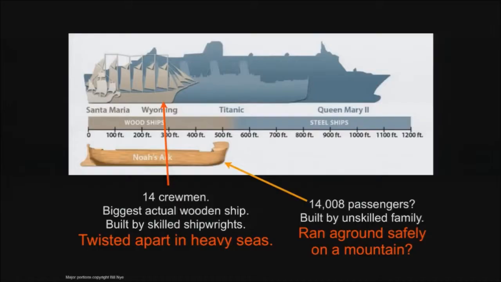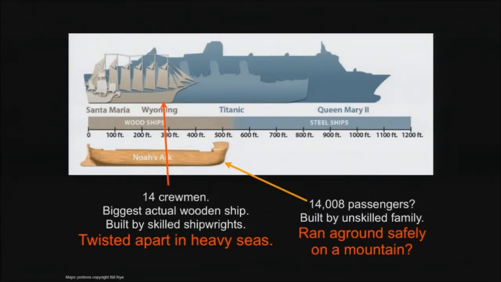Another remarkable thing I'd like everybody to consider, inherent in this worldview, is that somehow Noah and his family were able to build a wooden ship that would house 14,000 individuals. There are 7,000 kinds, and there's a boy and a girl for each one of those.